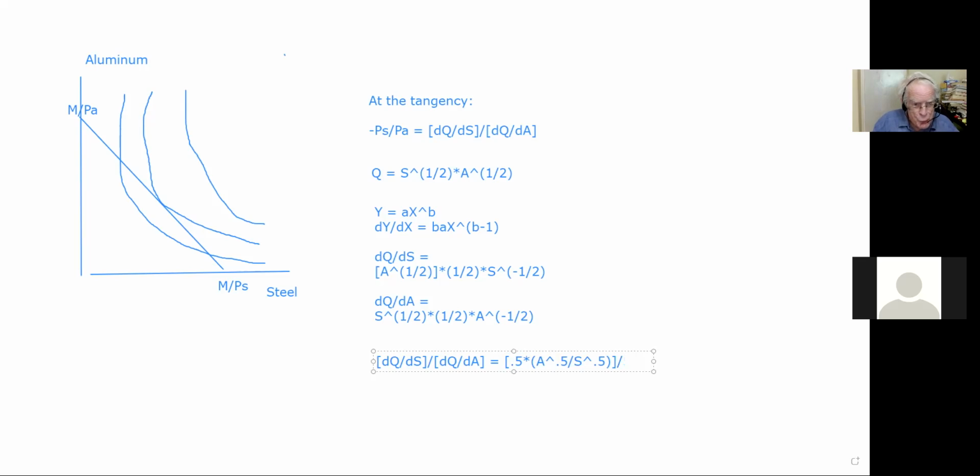And then in the denominator, 0.5 again times S to the power of 0.5 divided by A to the power of 0.5.